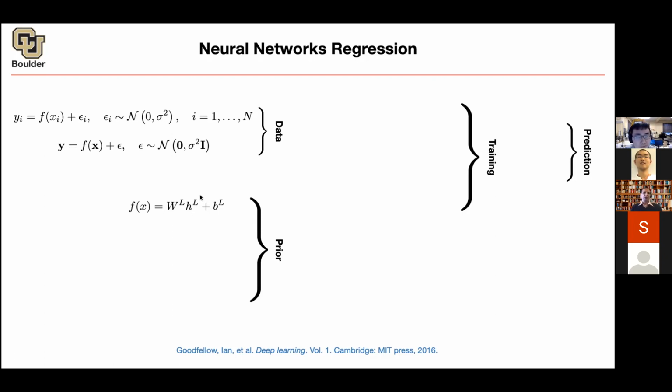But then the question is, what is HL? Are you going to use sine functions, cosine functions, hat functions, spectral element functions, etc.? You could say, how about learning that? You could say, let's repeat that process. HL is a linear combination of HL minus 1, a bunch of other bases, plus some bias.